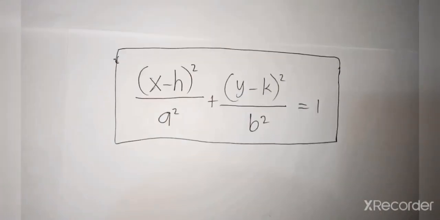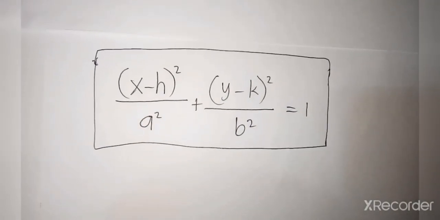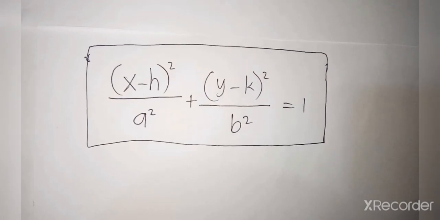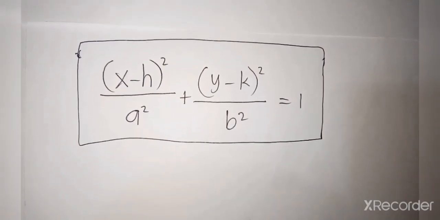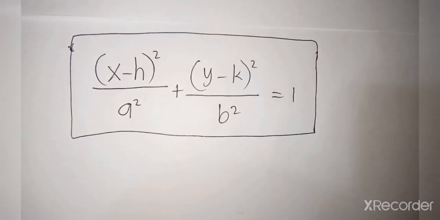Since the major axis is along the x-axis, the equation we will apply is the quantity of x minus h squared over a squared plus the quantity of y minus k squared over b squared is equal to 1.